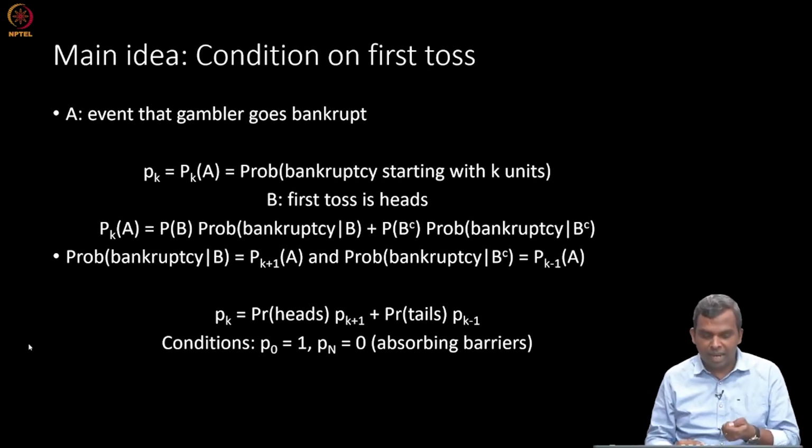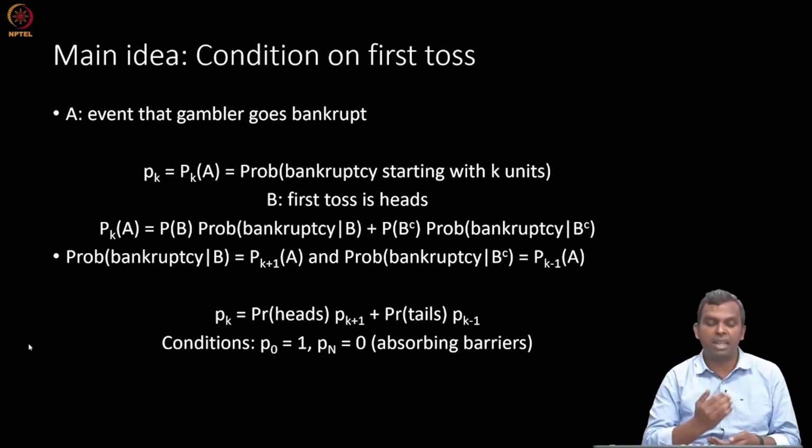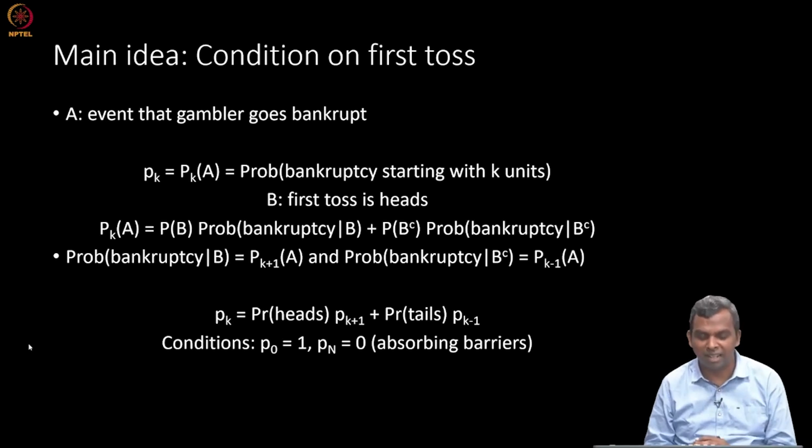He has k units in his hand, he starts playing the game. What is the probability he'll go bankrupt? That is P sub k or P k of A. It's just nice to write it like this so that it seems clear as to what's going to happen. We'll quickly go back to the P k. It's all the same, except that we write it a bit differently.